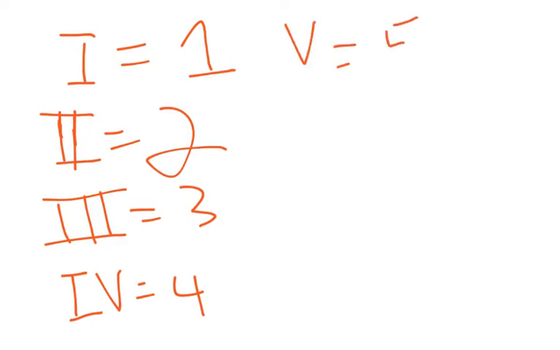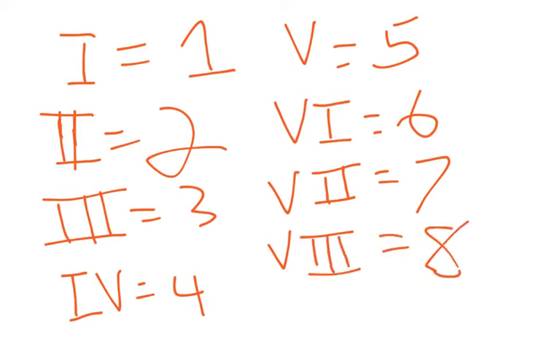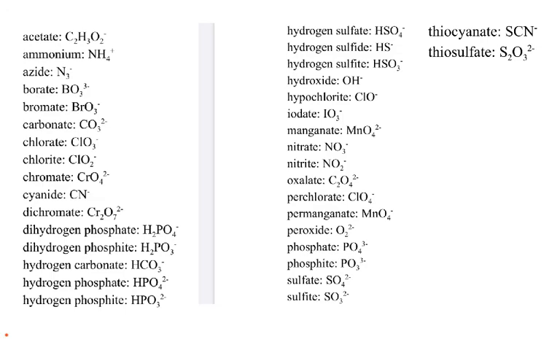V is 5, VI is 6, VII is 7, VIII is 8. And you won't go any further than this in chemistry for the most part. So you could either learn how to use the Roman numeral system, or you could just memorize this. I mean, either way works, honestly.